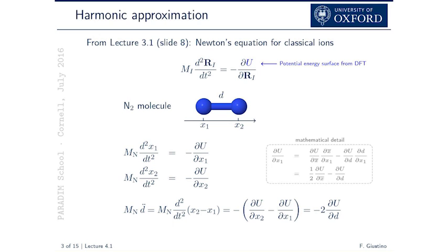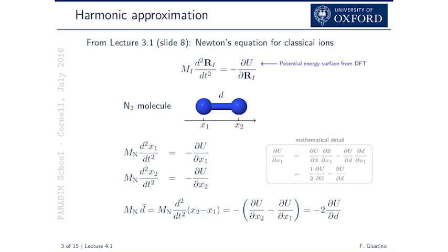And that is equal to the difference between these two bits. This takes a few seconds, so I will not do it, but you have the detail here. The bottom line is that when you take the difference, you find minus 2 times the derivative of the potential energy surface with respect to the distance. This is just a little trick to rewrite a problem where you're looking at the equations of motion of one atom and the other atom into a problem where you only look at the time evolution of the distance.